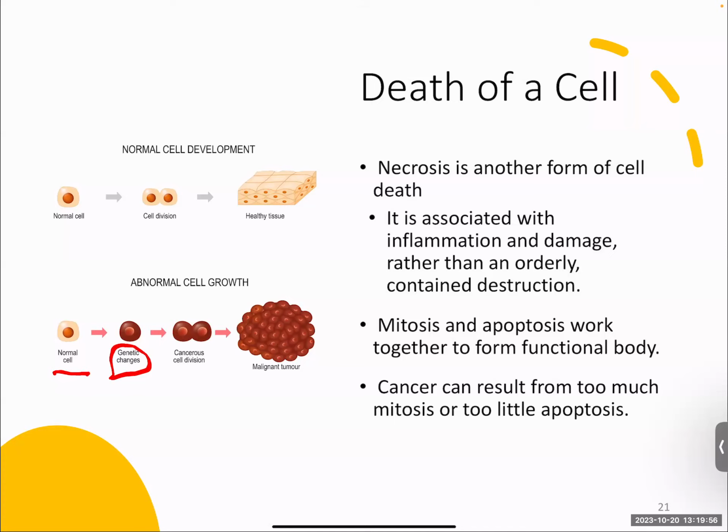And instead of figuring out that there is a problem and destroying itself through apoptosis, it continues to replicate itself and make more and more of itself and creates what we call a malignant tumor. On the top of this picture, you also see what a normal cell division through mitosis looks like, and how healthy the tissue would look when that cell division takes place properly.